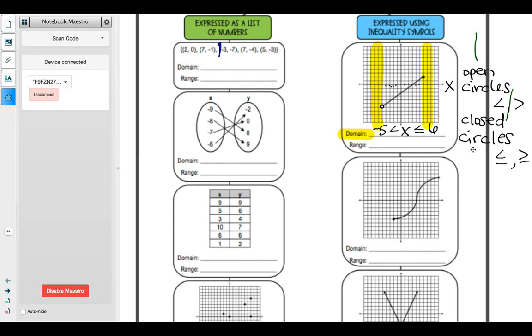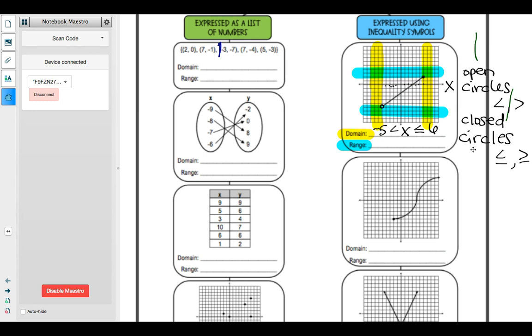Okay, so now let's do the range. I'm going to use blue. Again, with a different color highlighter, I am going to represent my range. Now it's really important here that we go from the bottom to the top.